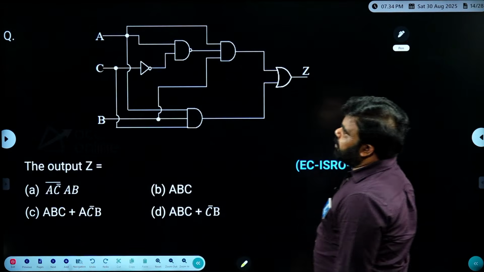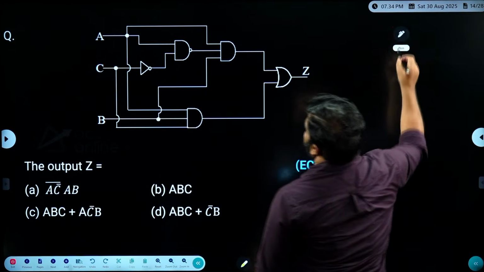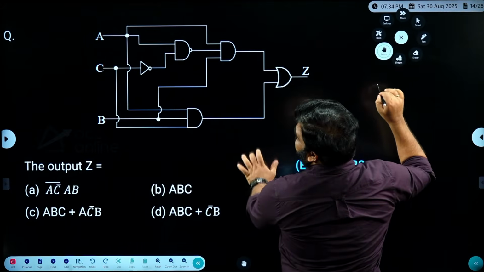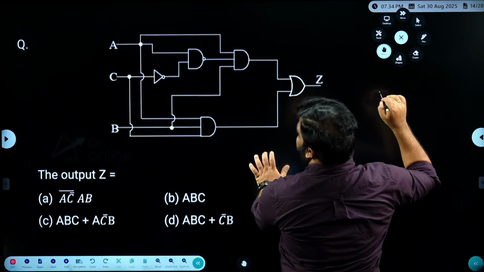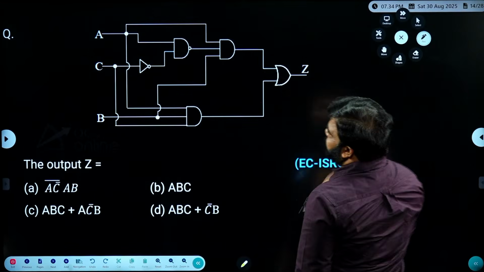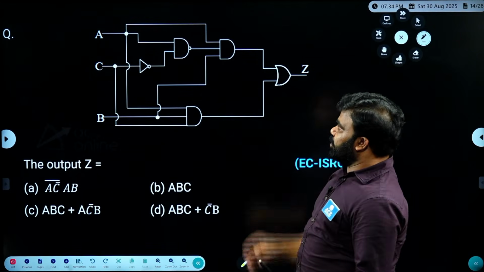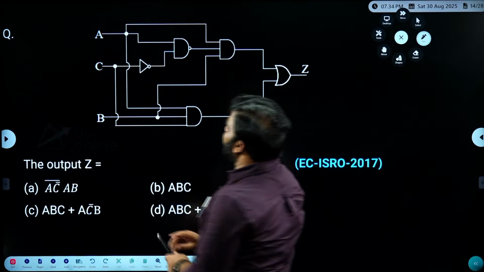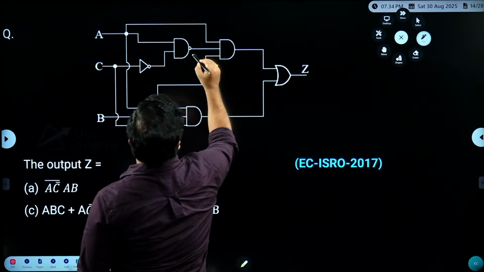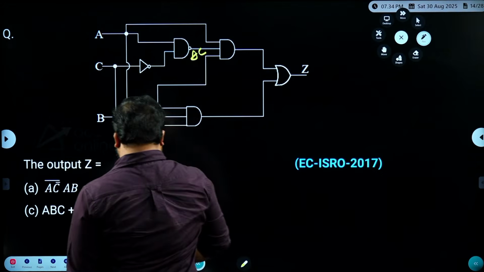This is a logic circuit. Question is, in the circuit output Z is equal to what? If you are observing this correctly, what we are getting here is (A C bar) whole bar.